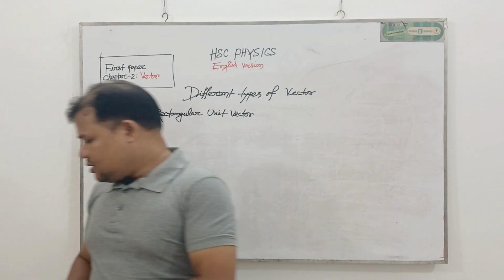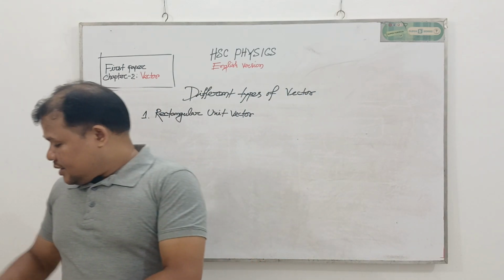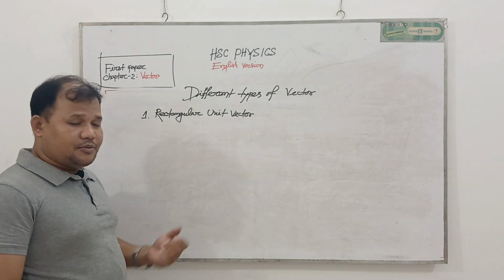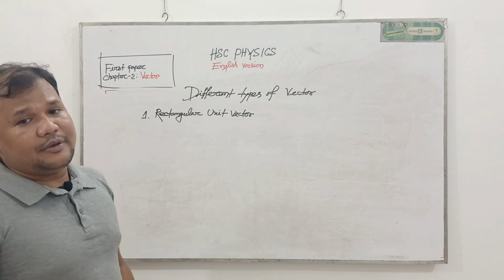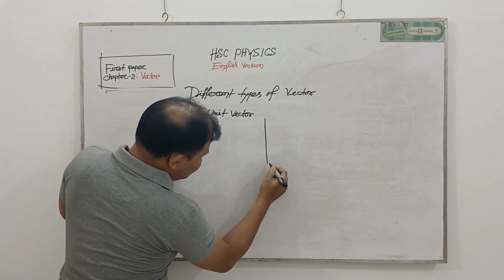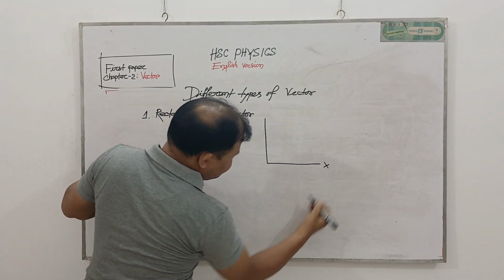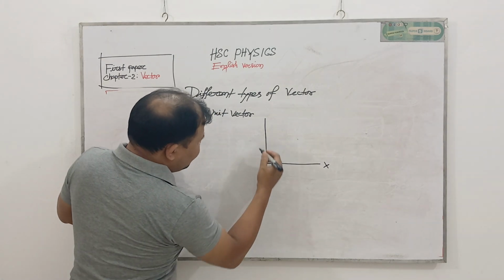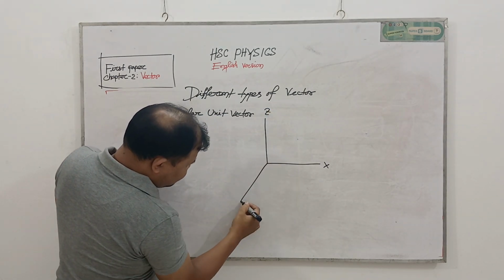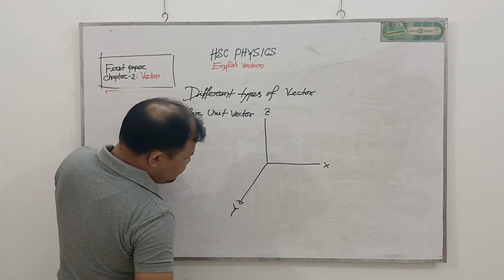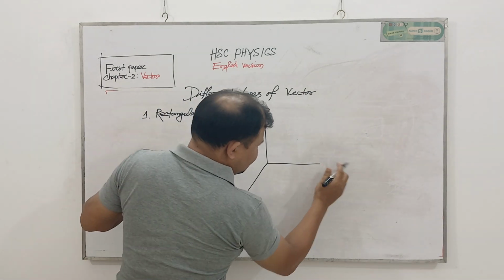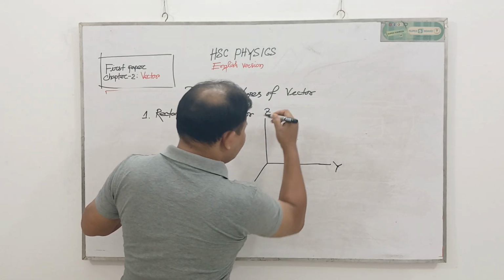My dear student, as our board is a 2-dimensional surface, it is very difficult to draw a 3-dimensional reference frame. So at first we write 2 perpendicular axes. Suppose this is x and this is the z axis and this is the y axis, or we can write this is x and this axis is y and this is z.